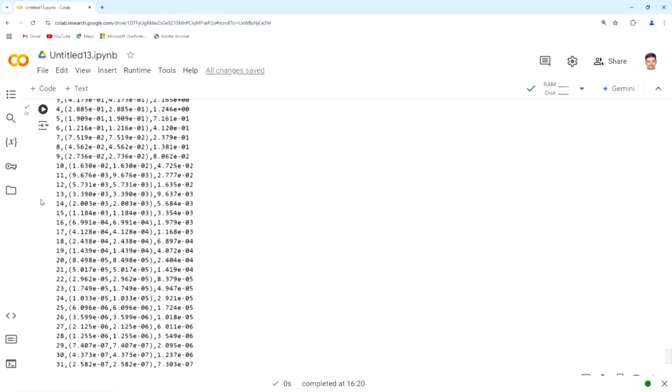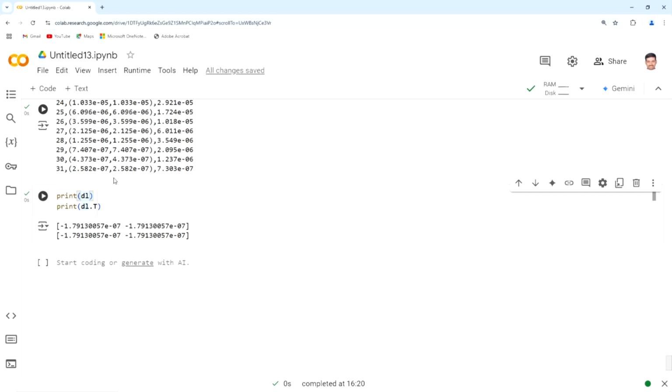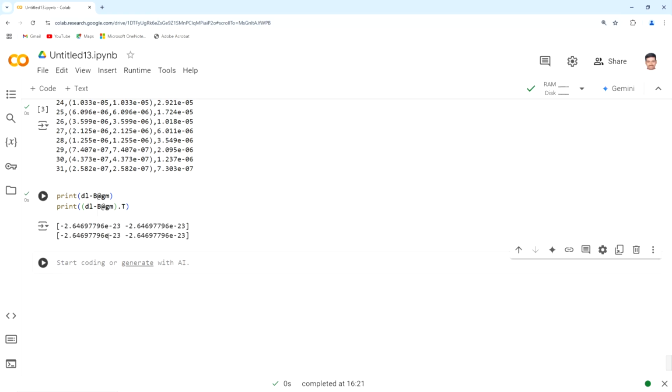But if you cannot find the transpose as a column vector, this process would be like a dot product and you will get a 1 cross 1 matrix. That is what will happen if you blindly write dl minus b at gm and dl minus b at gm transpose. You can see that both of them are the same.